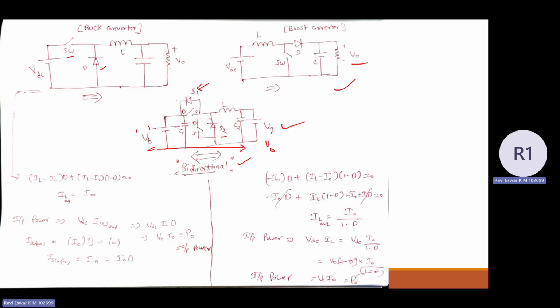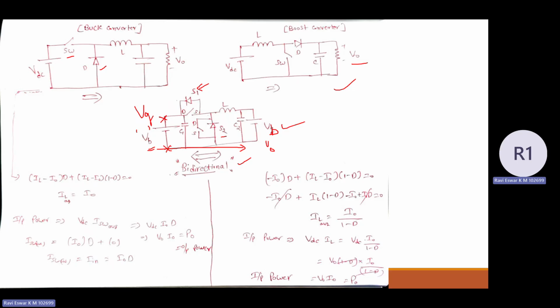So let us have a real-time example. If I take the example where here it is a grid, and here it is a microgrid. So DC link of the grid, grid voltage having a VG here. Here, if I take it as a battery, usually, if we want to charge the battery, the battery voltage is going to be typically less than the grid voltage, so we need a buck converter.